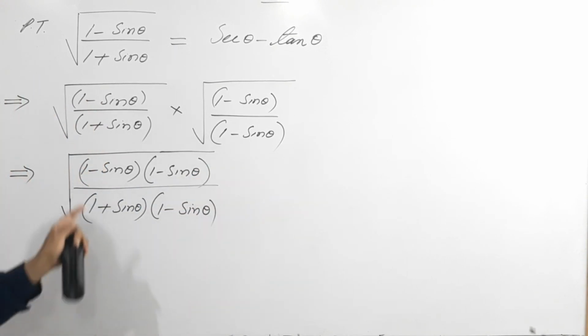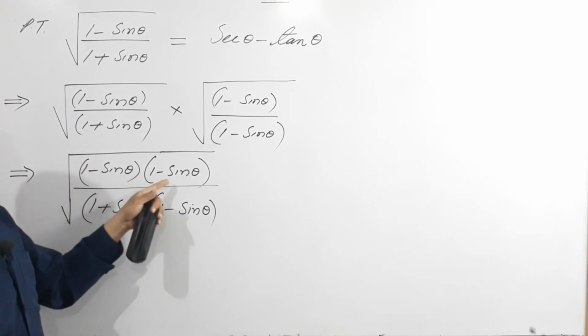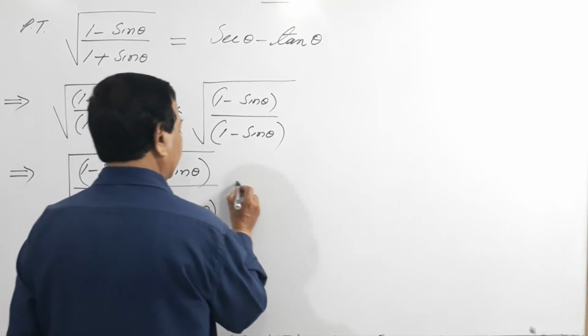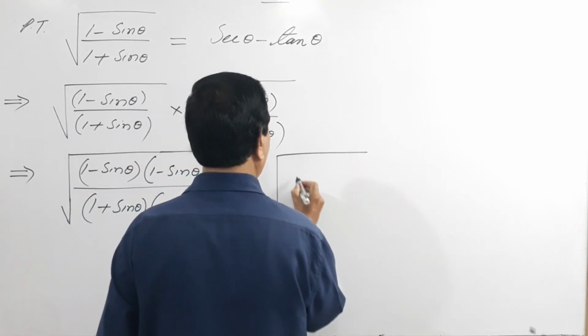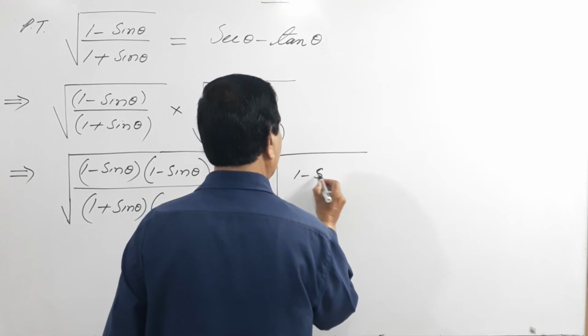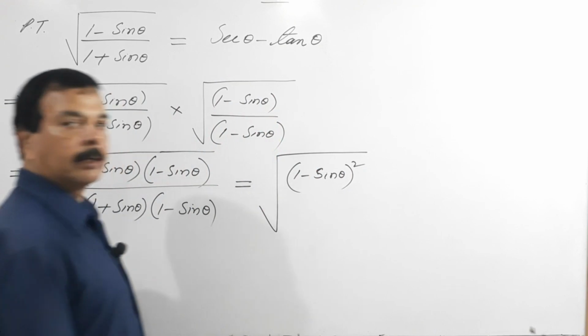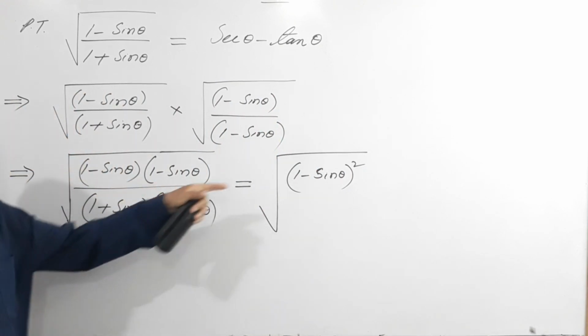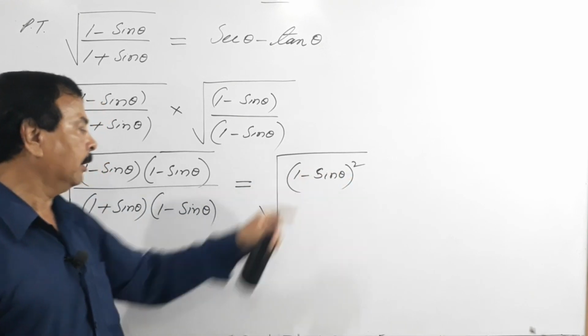So what will this become? 1 minus sin theta into 1 minus sin theta is nothing but under the root 1 minus sin theta the whole square, that is a into a is nothing but a square.